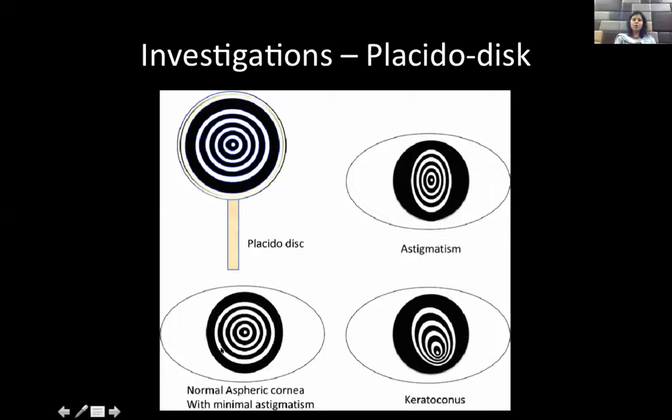Now this is the normal cornea, and you can see the rings are quite regular. In astigmatism, the rings will be pulled in one direction, and in keratoconus, you can see that there is this abnormal shape of the rings. So that's how people picked up keratoconus in the earliest days.